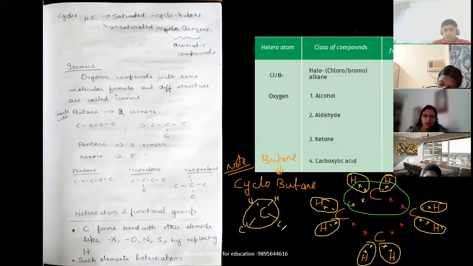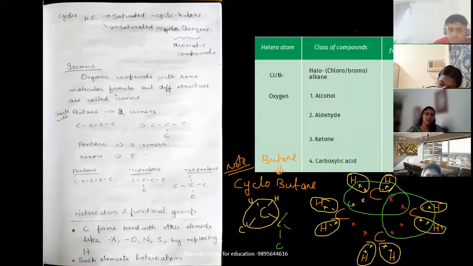Now what about this carbon? How was the octet going to be? This is how the carbon was linking, right? For this carbon, the electron should be taken for this bond, this hydrogen, and like this.